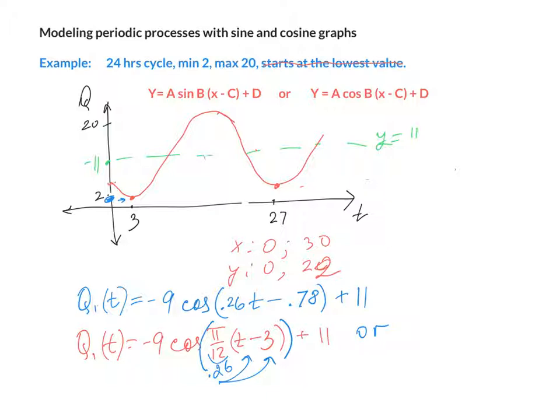Okay, let's do a little practice here. So let's write the equation for the same graph, but now using a positive cosine graph. Can we do that? Here is how we do it. So you need to find the beginning of a cosine cycle.